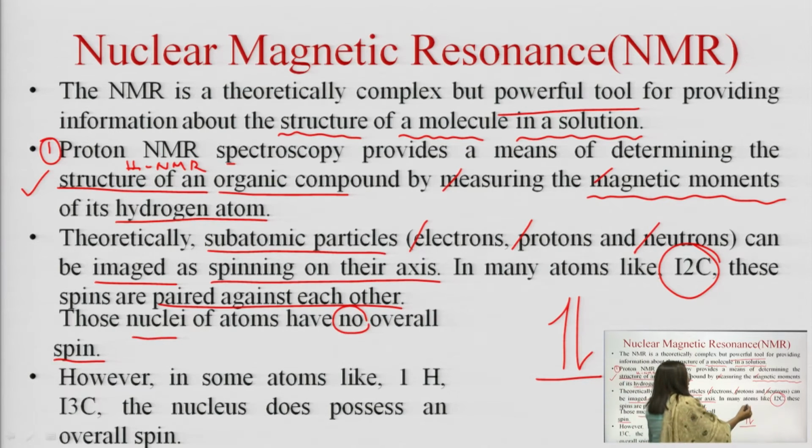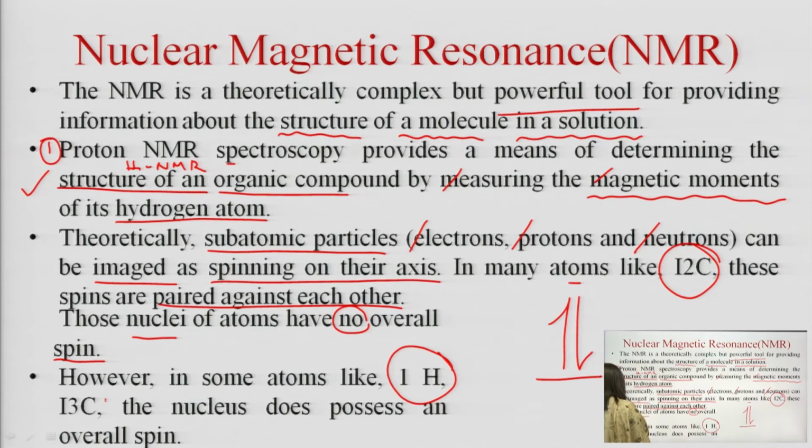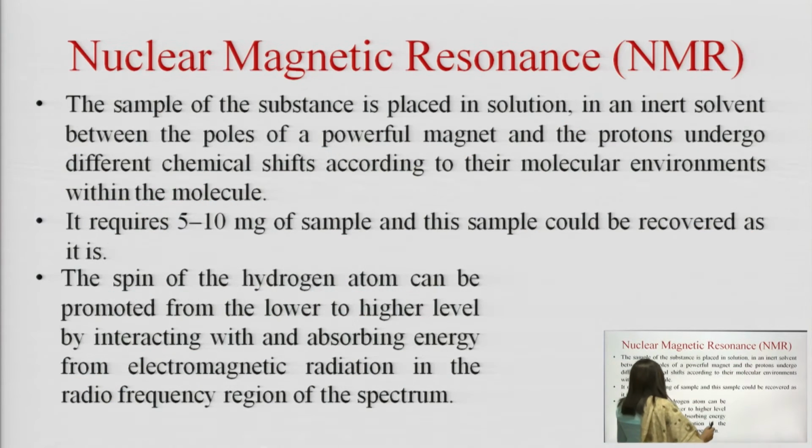That means if there is proper pairing of electrons or protons, there is no spinning of the nuclei on exposure to electromagnetic radiation. But in case of H1 or carbon-13, the nucleus possesses an overall spin.